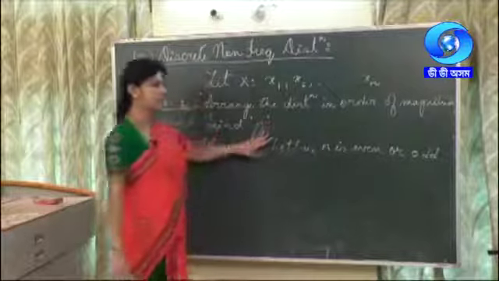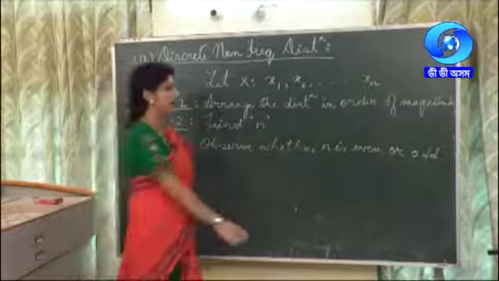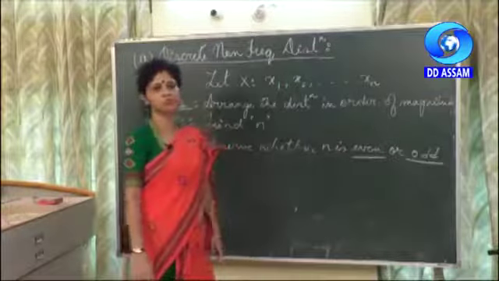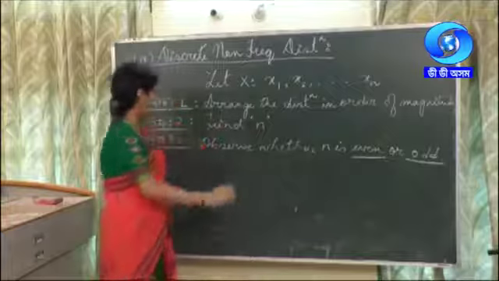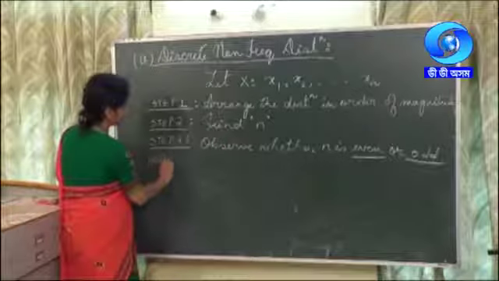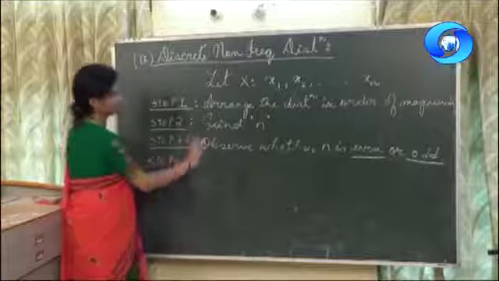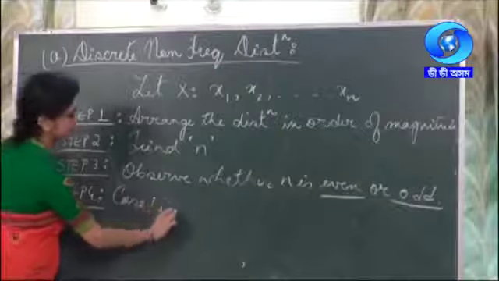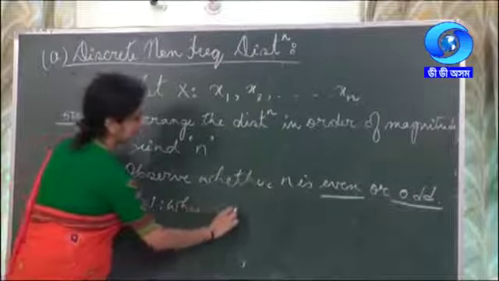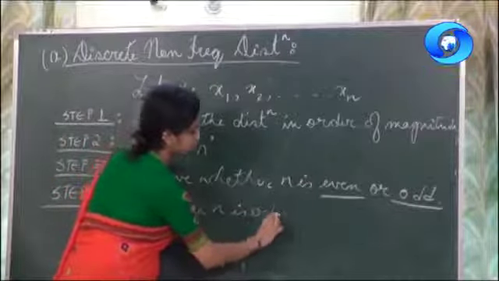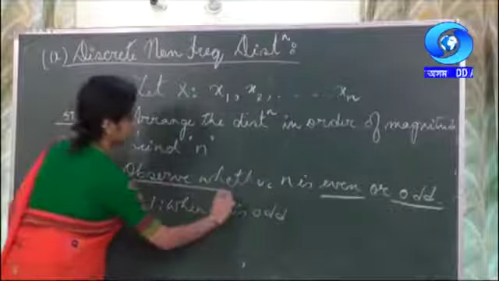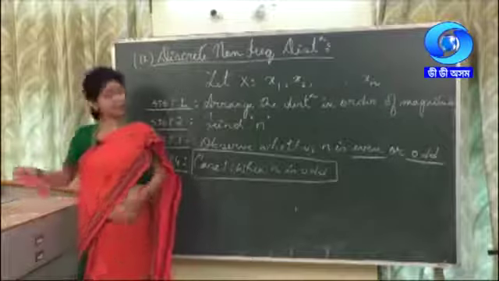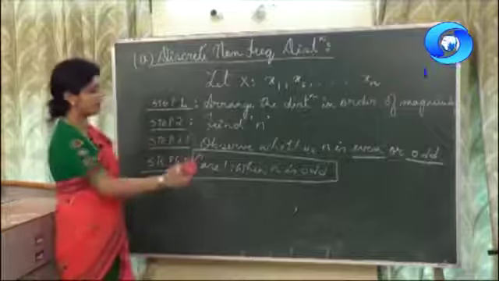After finding n, we have to see whether n is even or odd. All right, now in step 4 we will have two cases. Case 1, when n is odd. Our second case is when n is even. We go to that later. So first let us find out what happens when n is odd.